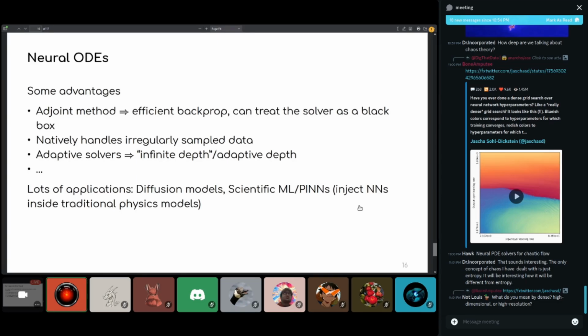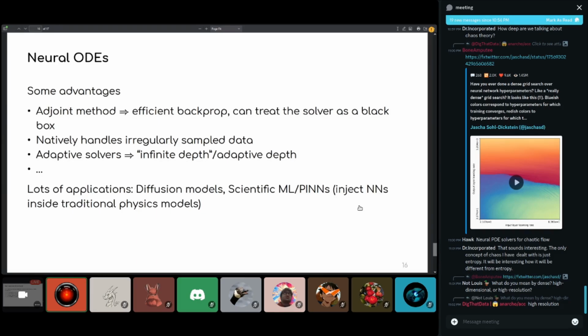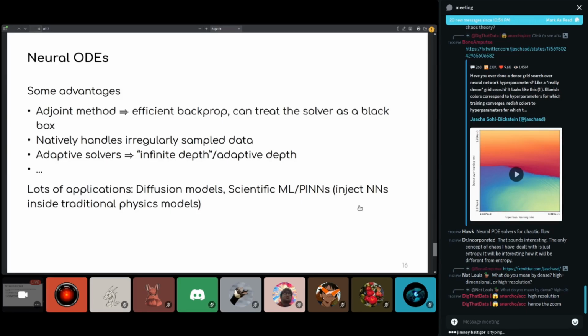Okay, so consensus, at least. I'm noting that people want to learn about chaos, which I'm very happy about. We'll do that after state space models because that's really easy, and then we'll keep going.